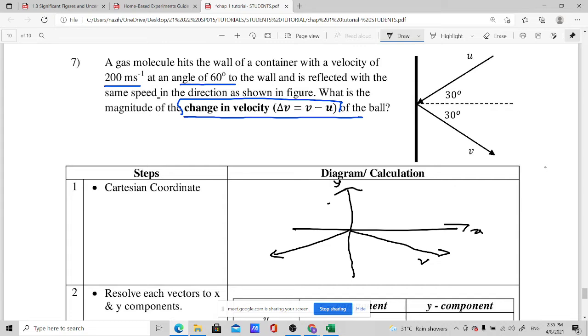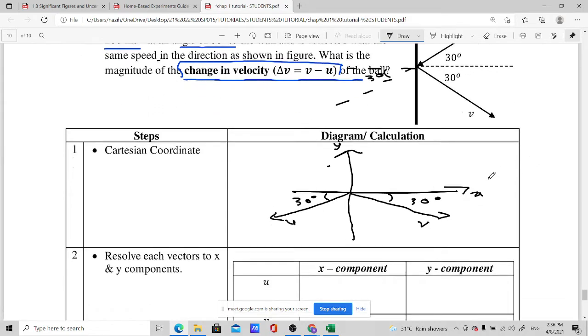If you look here, we extrapolate the line. So this would be your angle 30 degree. I'm going to put U here. This is your V, also 30 degree. So this is your Cartesian coordinate drawing.